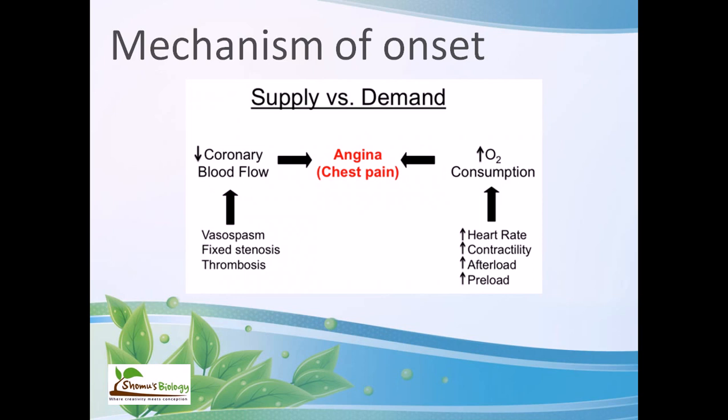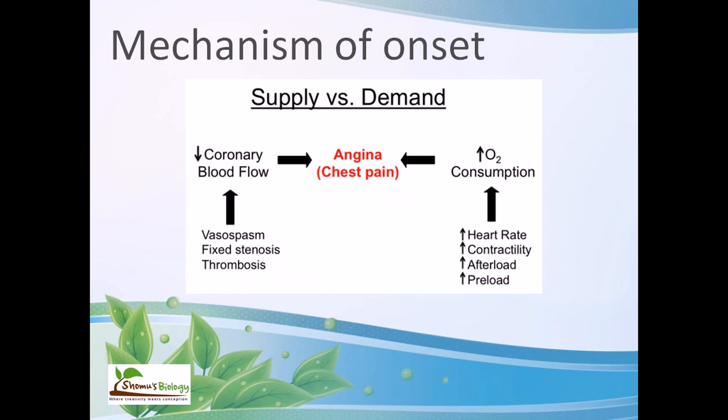Because if you have some preload or afterload work that is tedious for you, your cells are working so hard to keep your metabolism going, so they require more and more oxygen. As the oxygen requirement increases, it creates chest pain, because the heart needs to pump more often than it usually does. So that's why it creates a pain in your heart.